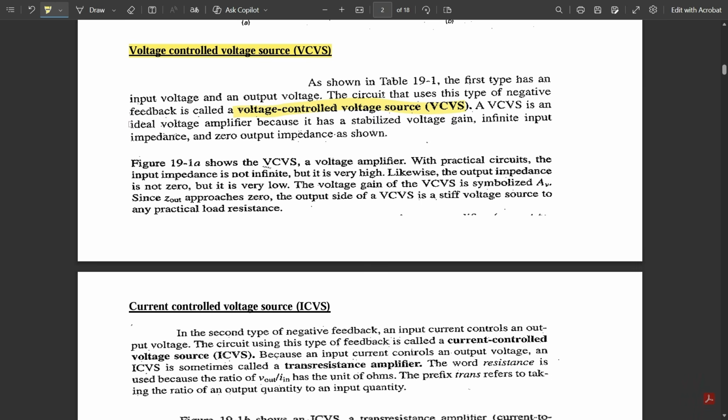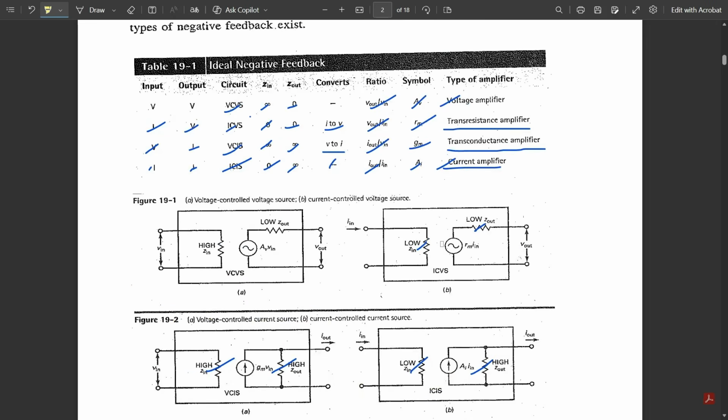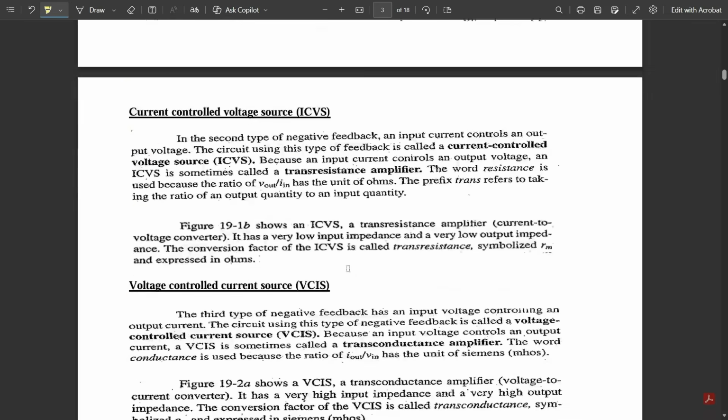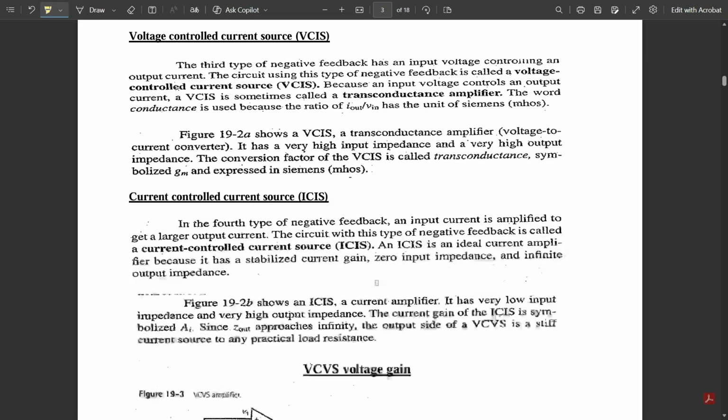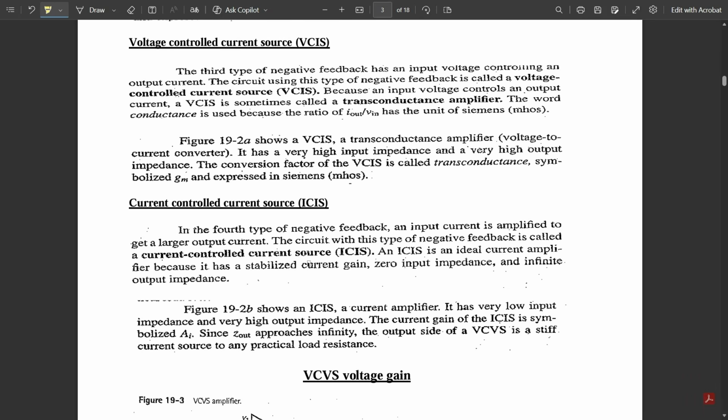A VCVS is an ideal voltage amplifier circuit because it has a stabilized voltage gain, infinite input impedance, and zero output impedance. Whatever I've told you here is given in the form of definitions for these four parameters, so I'll not explain it once again. You just read it. These notes I will give you in the video's description.